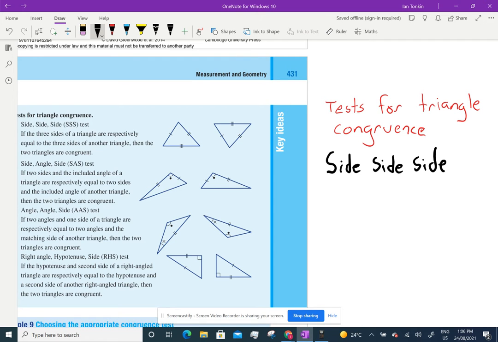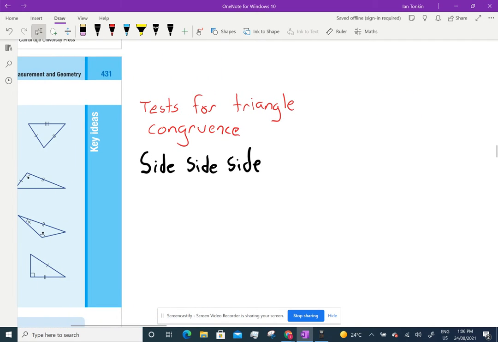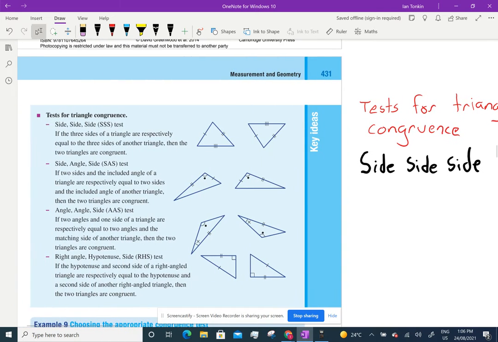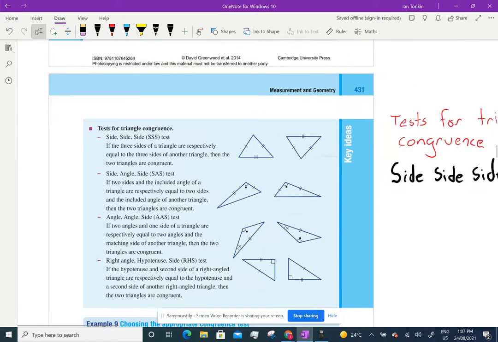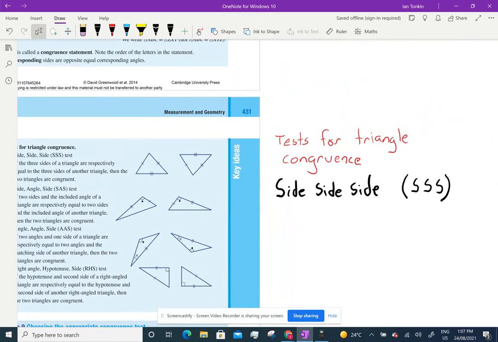When you're doing proofs, you've got to be very particular about how you write things, but in mathematics, we can bring that down to side, side, side, and that's all you need to write. All it means is, if the 3 sides are all the same length, then your triangles are congruent. That's a really easy one. If you know the 3 sides are all the same length, congruence.